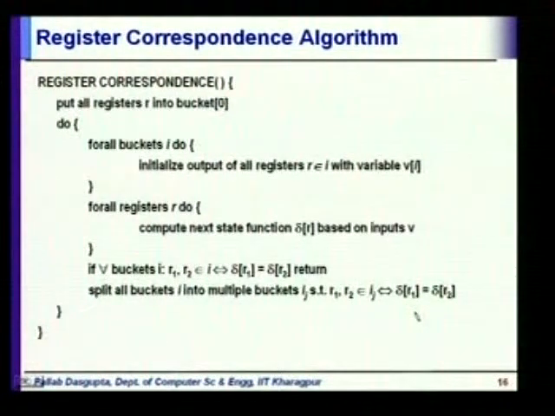For all buckets I, initially put all registers R into bucket 0, and then in this iteration for all buckets I do the following: initialize the output of all registers in bucket I with variable Vi. So their outputs become Vi, which goes into the input of the combinational function.